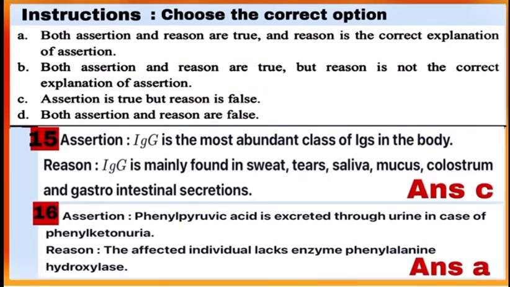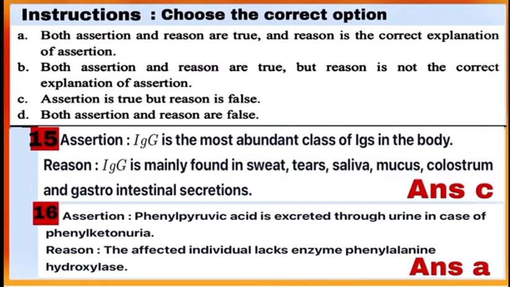Question 15. Assertion: IgG is the most abundant class of Igs in the body. Reason: IgG is mainly found in sweat, tears, saliva, mucus, colostrum and gastrointestinal secretions. Correct option is C. IgG is the most abundant class of Igs in the body, containing approximately 80% of total Igs.